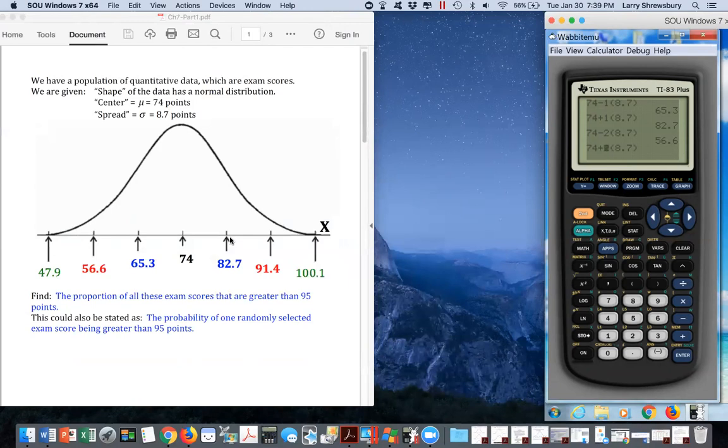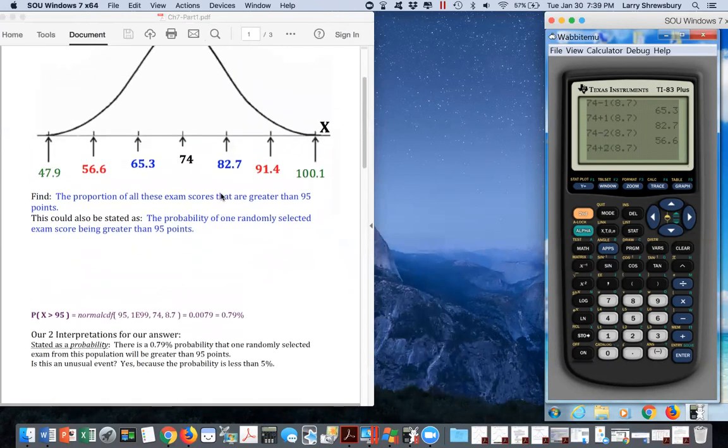If I were to randomly select just one from this population, what's the probability that the one I randomly selected is anywhere between 65.3 and 82.7? And the answer is 68%, approximately, rounding off to the whole percentage. So that's what you're going to practice. And that's what we're going to do now.